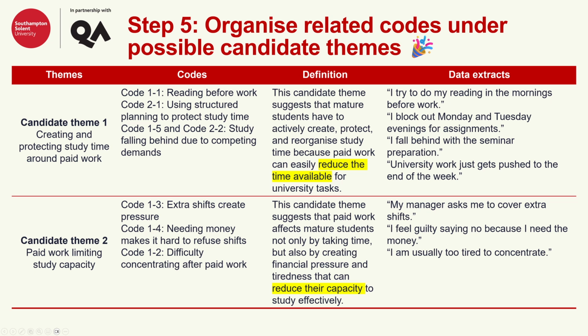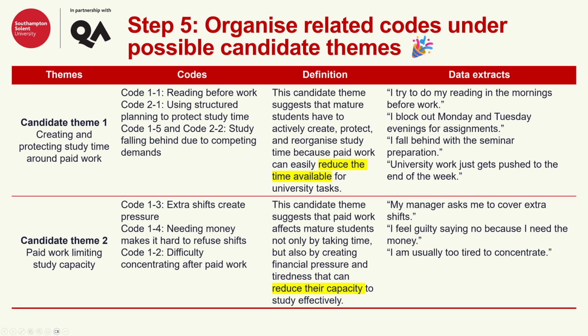Candidate theme 2 is paid work limits study capacity. It brings together extra shifts creating pressure, needing money and finding it difficult to refuse shifts, and difficulties in concentrating after paid work. Again, the codes are not identical. One concerns the employer's requests, one concerns financial needs, and one concerns tiredness.